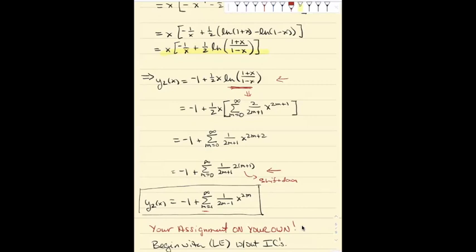So y2 of x, you can either look at it from up here in its closed form, what we call maybe our transcendental function expression or algebra expression, however you want to look at it, or we can look at our series expression right here.